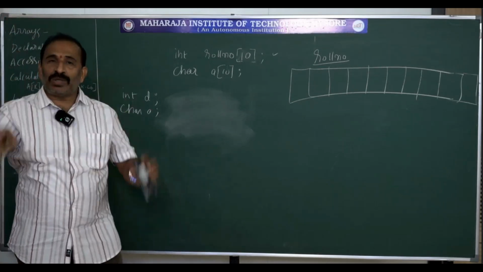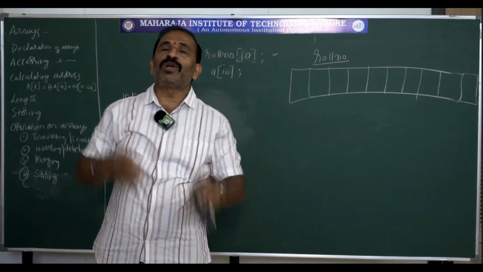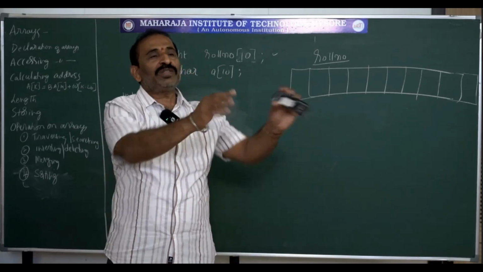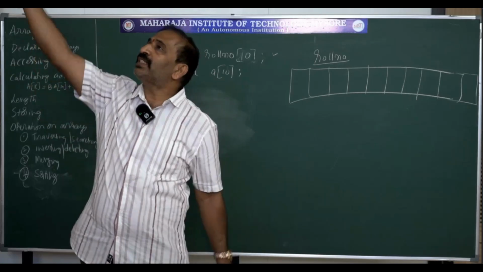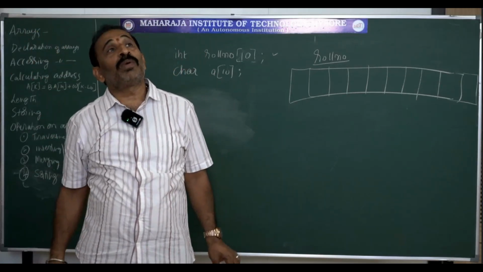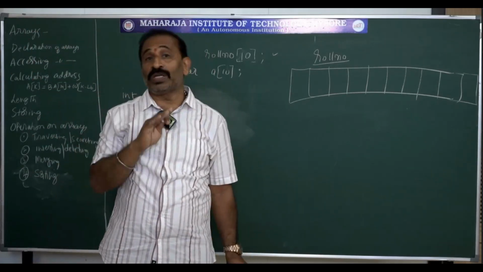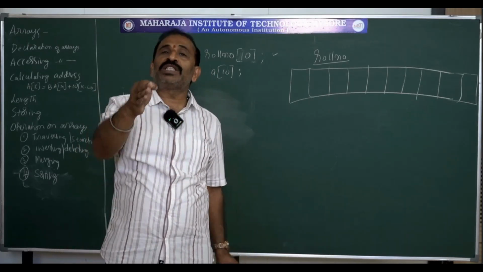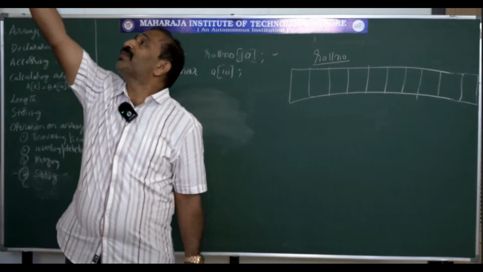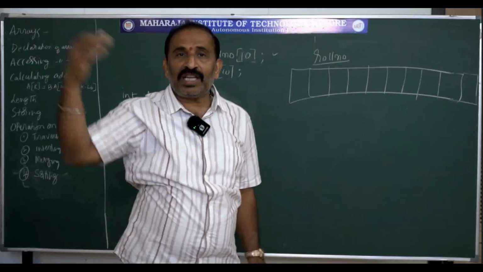For example, when you come to college, some space will be allocated to you. Today it may be in one classroom, the next day in another classroom, but where you are sitting is known to us.